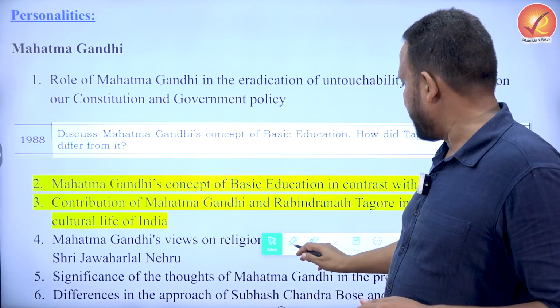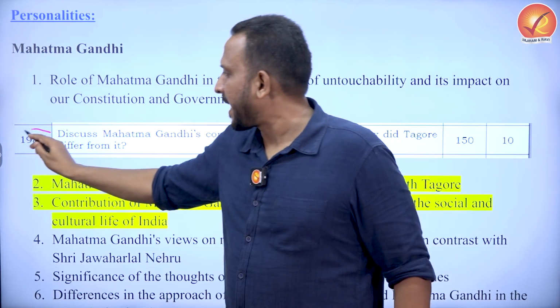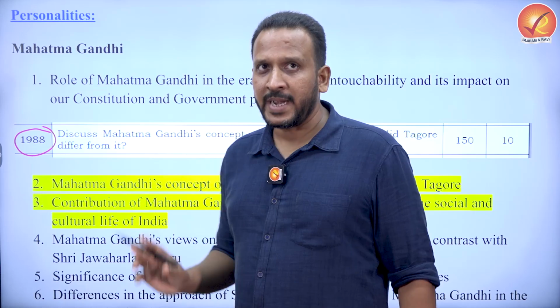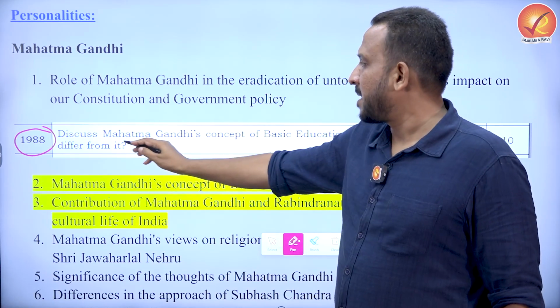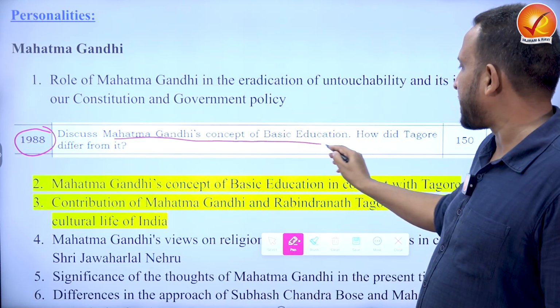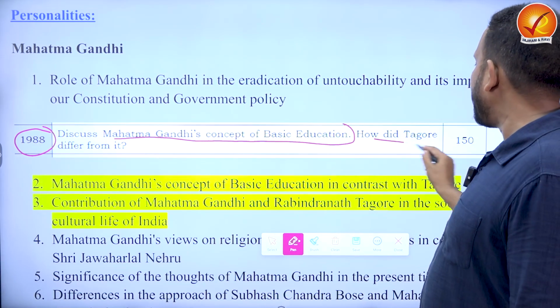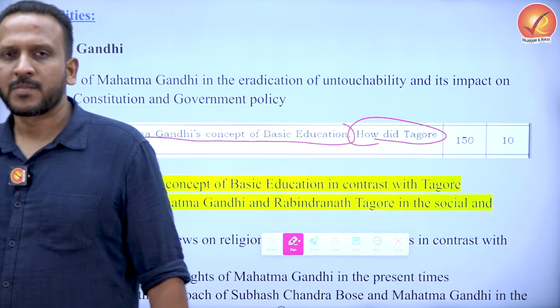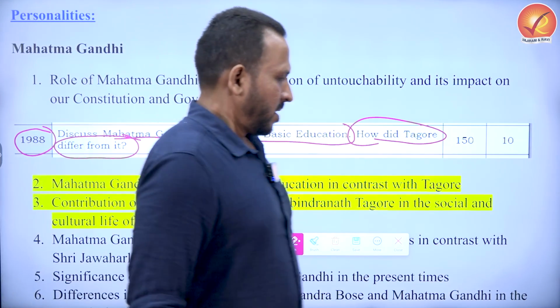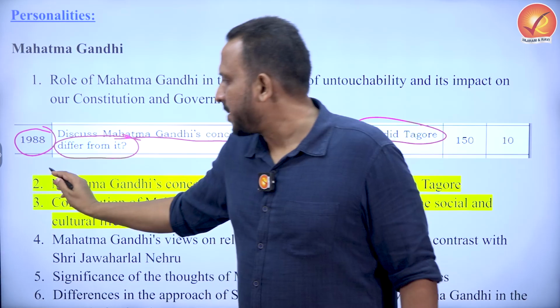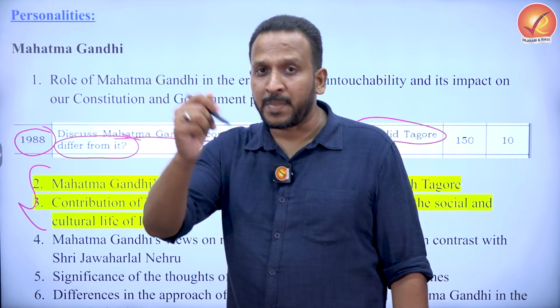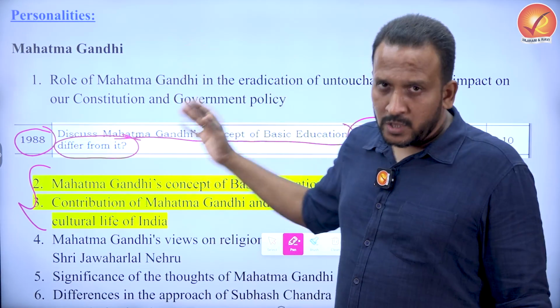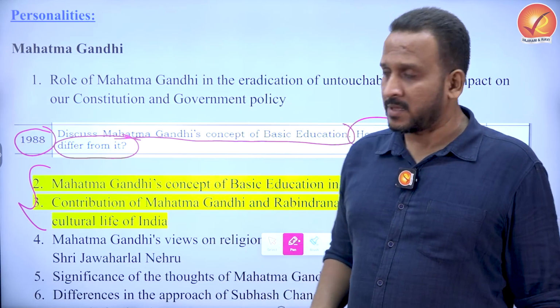Now see this question. It was asked in 1988, right? The question was, discuss Mahatma Gandhi's concept of basic education. How did Tagore differ from it? Right? And these are the themes which I had already prepared before the 2023 Mains exam.